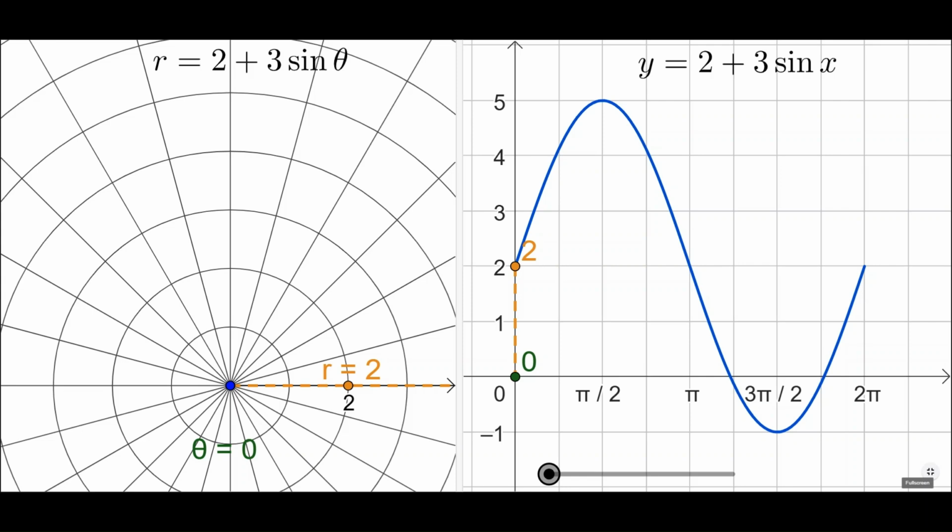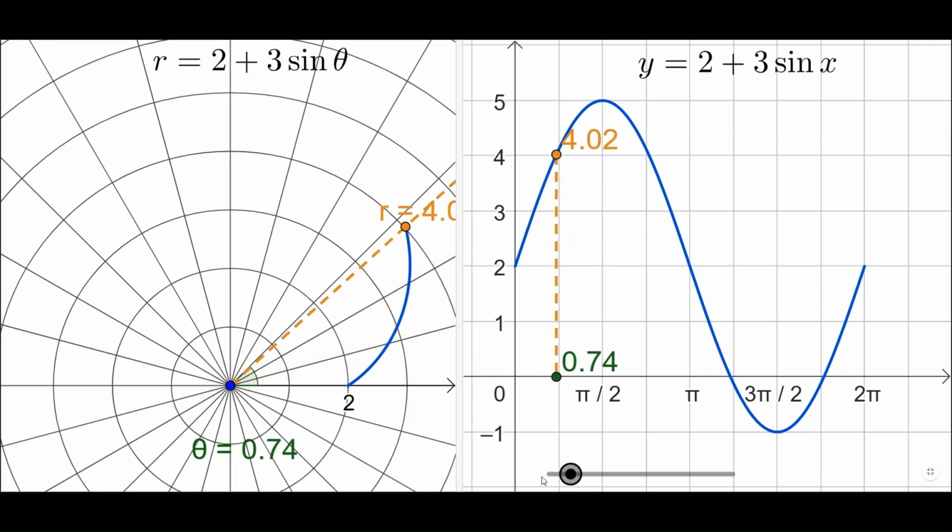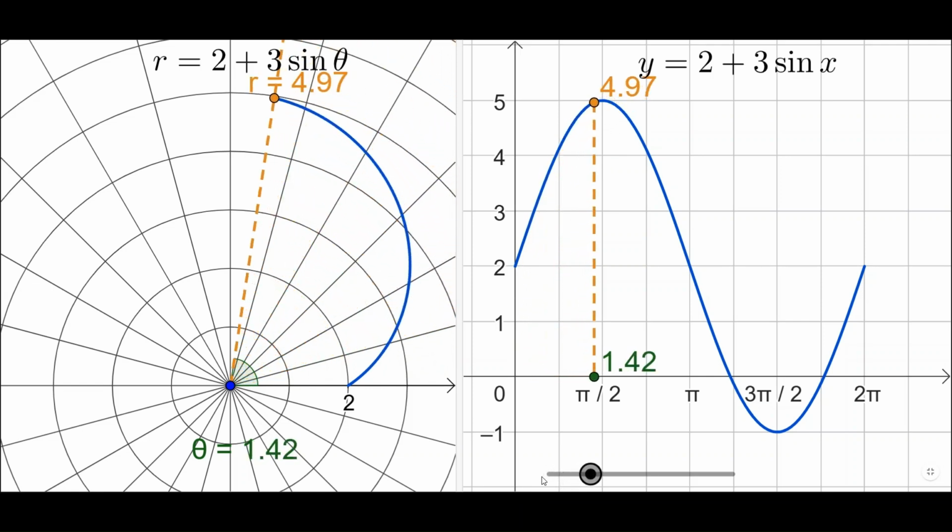That's going all the way through the first quadrant, so 90 degrees. As we do that rotation, the y values go from 2 up to 5, which means the radius values also go from 2 to 5. So as I rotate through this first quadrant in a counterclockwise direction, we see the radius increase from 2 up to 5.